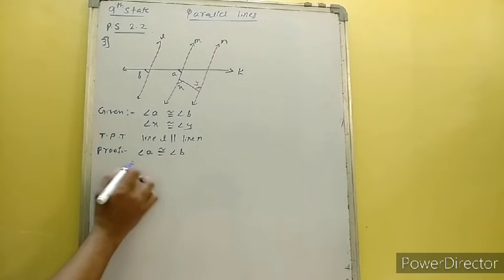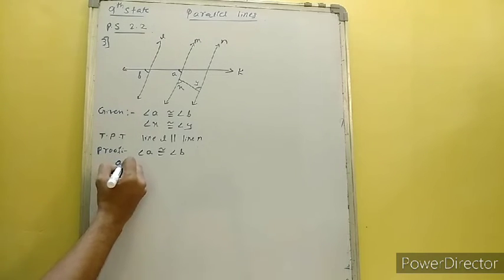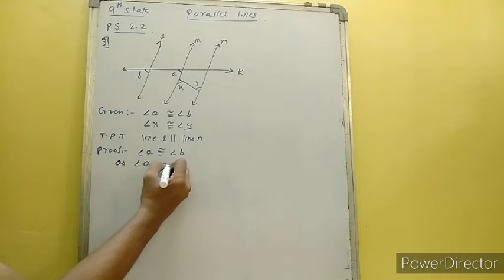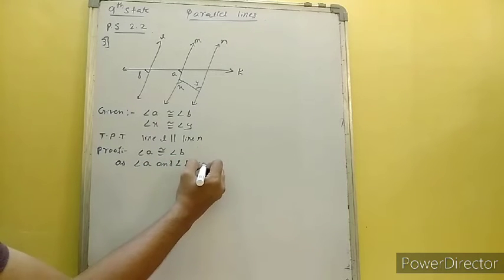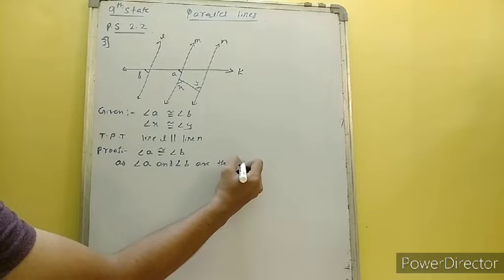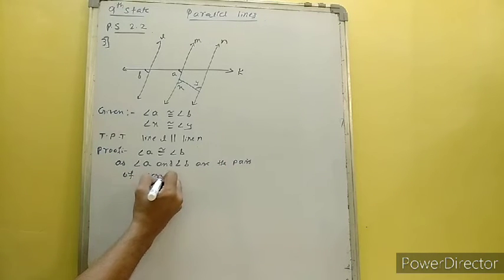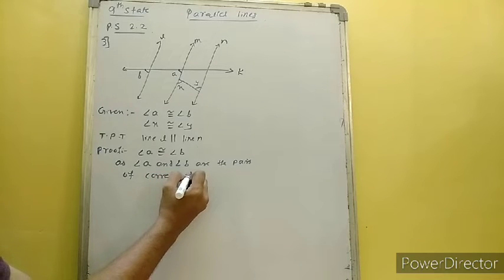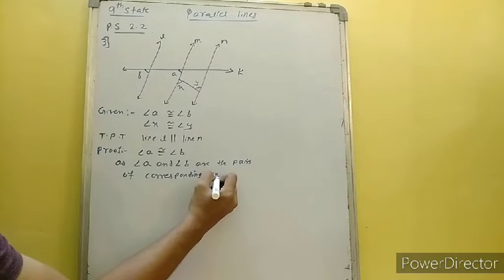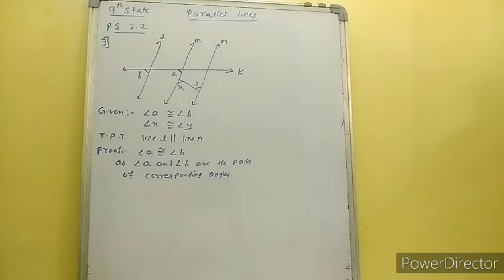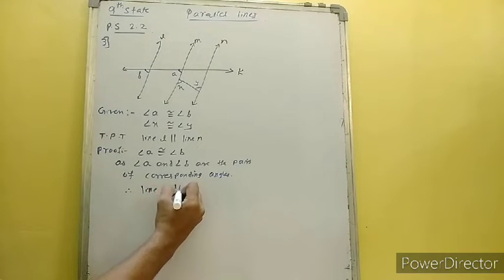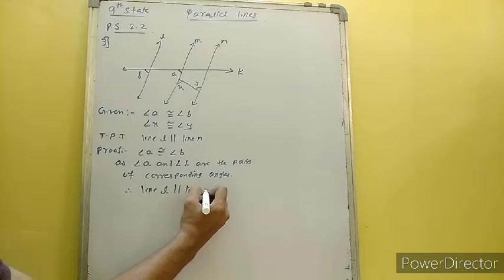Therefore, we can say that angle A and B are the pairs of corresponding angles. Angle A and angle B are the pair of corresponding angle. Therefore, I can say that line L is parallel to line M.